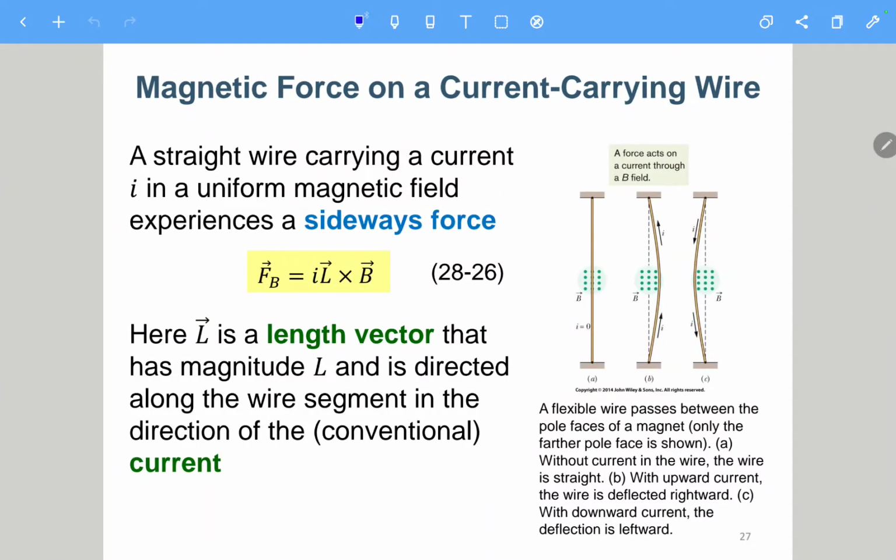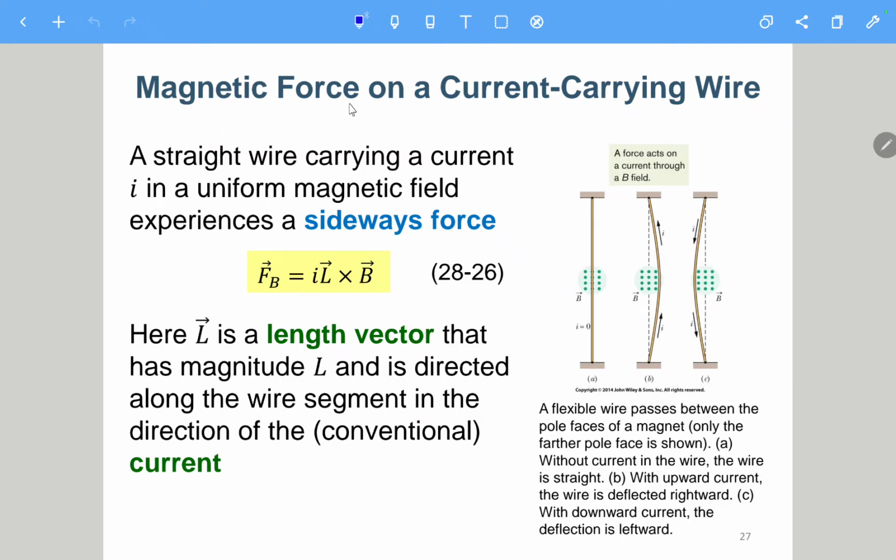Okay, so next we talk about another thing. I will consider this is still the Lorentz force. Although it is not explicitly written in the textbook or in the slides here, I will consider this one type of Lorentz force.